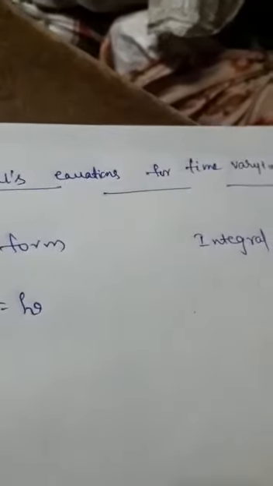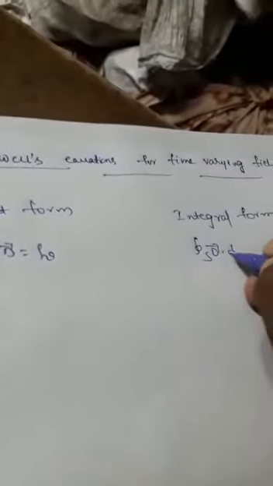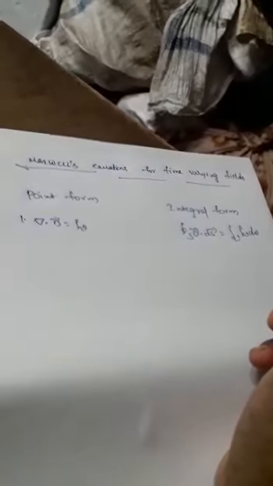In integral form, closed surface integral of D bar dot dS bar is equal to volume integral of rho v dv, which is from Gauss law for time varying electric fields.